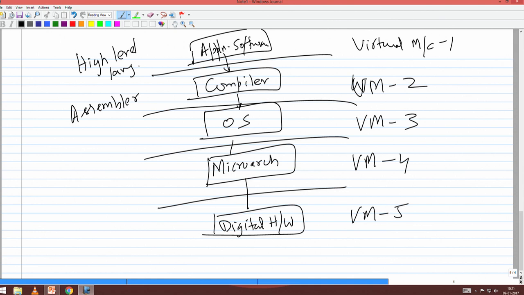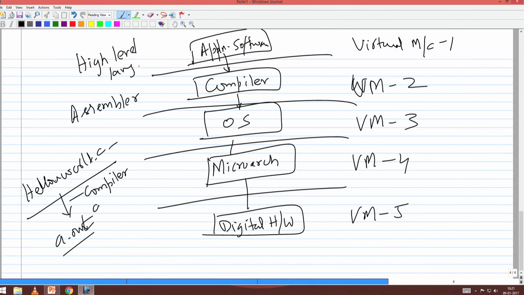Right. So when I look at, say, hello world.c, this is a high level language program. This gets converted to some a.out. The software involved in this conversion are the compiler and the assembler.